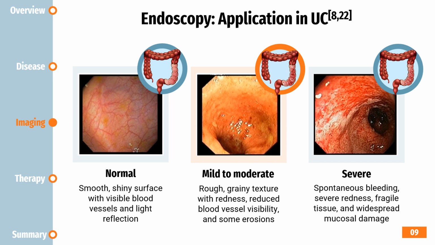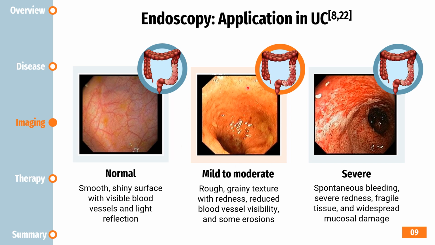Here are some photos summarizing what physicians usually see when viewing the colon in imaging and diagnosing ulcerative colitis. A normal colon will appear to have a smooth and shiny surface with very visible blood vessels and light reflection.